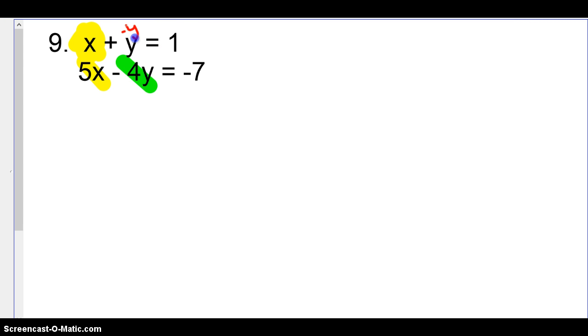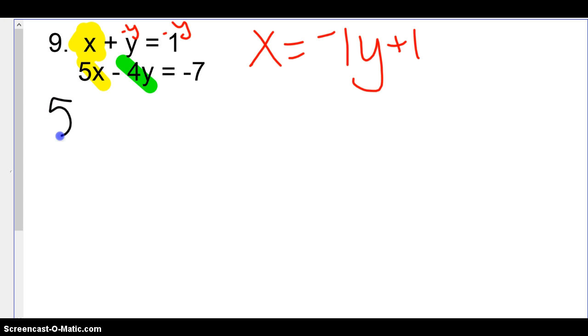So I'm going to move this y over. So I get x equals negative 1y plus 1. Do you agree? Check my work. Yep, good. Okay. Now I'm going to go back in here and rewrite. So I've got 5 times whatever x is, and I'm going to substitute this thing in for a while. I'm going to leave it open right now.